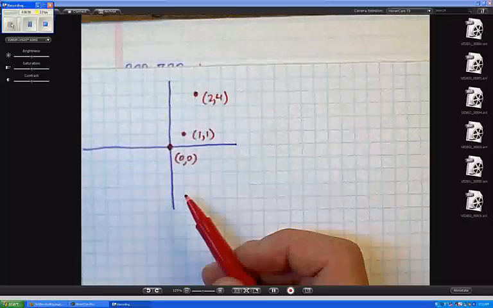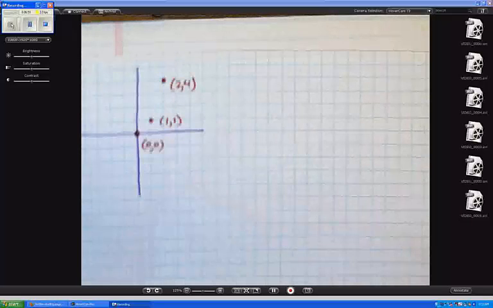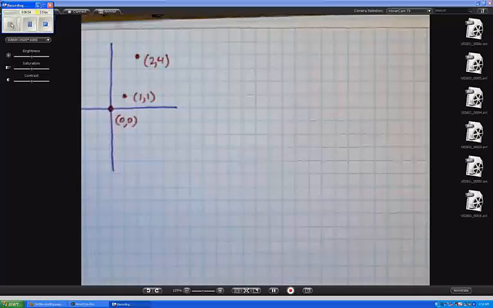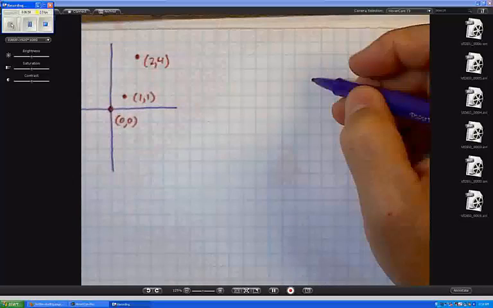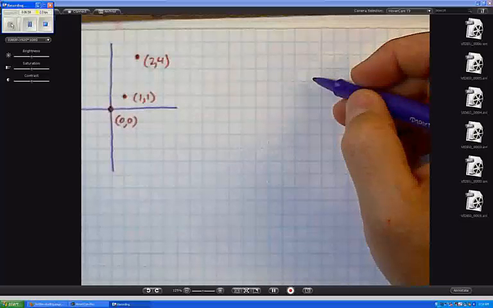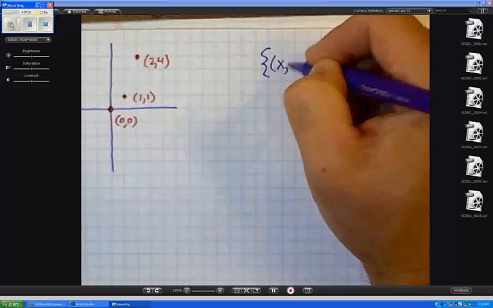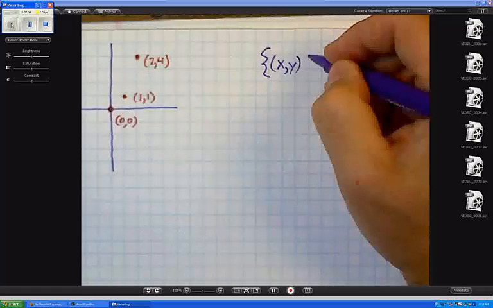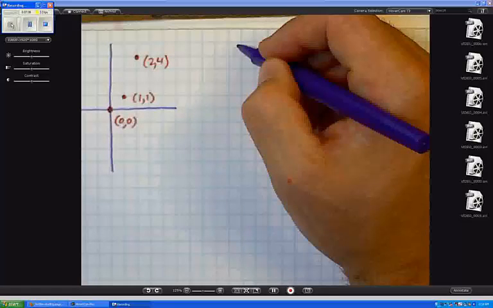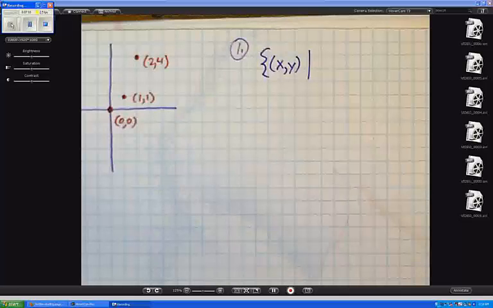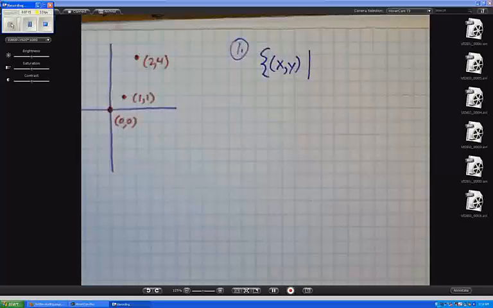Yesterday, if you still have the What If This Were a Quiz 1.2, I asked you guys to graph this relation. Number 1: the set of xy's such that 2x plus y equals 4.